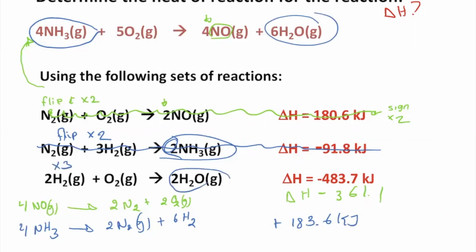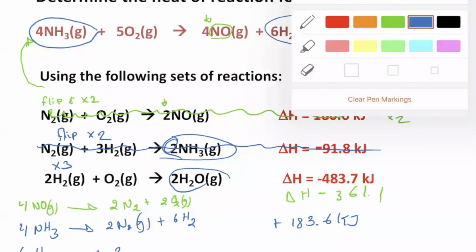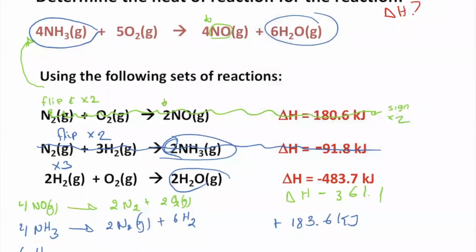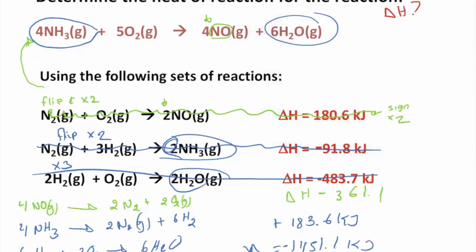So you're going to have 2 times 3, 6 H2, plus 3 O2 equals 6 H2O, and you multiply the delta H by 3. That gives you negative 1451.1 kilojoules.